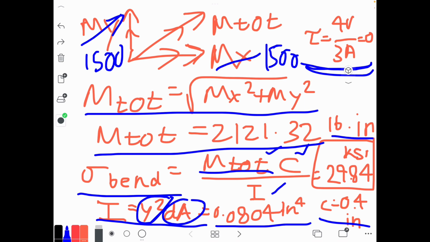If we calculate all these together, the 2121 times the 0.4, and then divide that by the 0.0804 that we just calculated, our sigma bending, or the bending stress, is going to be something in 29,000, which tells you this unit is in PSI. If you want to find that in KSI, kilo PSI, you just divide that by 10 to the 3 and get 29.84 KSI.